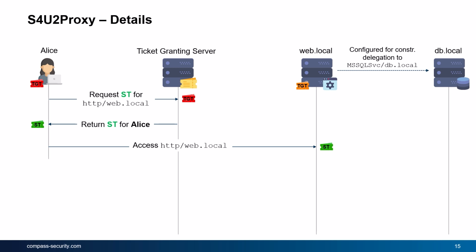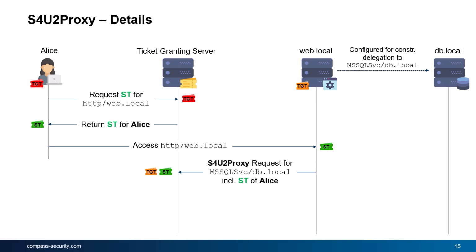And now web.local will perform or trigger the S4U2Proxy mechanism. So it will go back to the ticket granting server and present two things. One, its own TGT to essentially authenticate itself, and then the service ticket of Alice that it has received in the previous request. Again, this is the proof that there's actually a user there that can be impersonated.